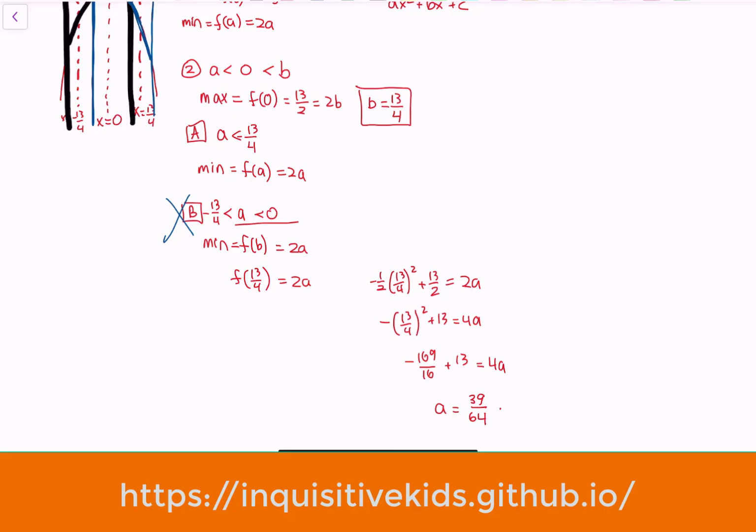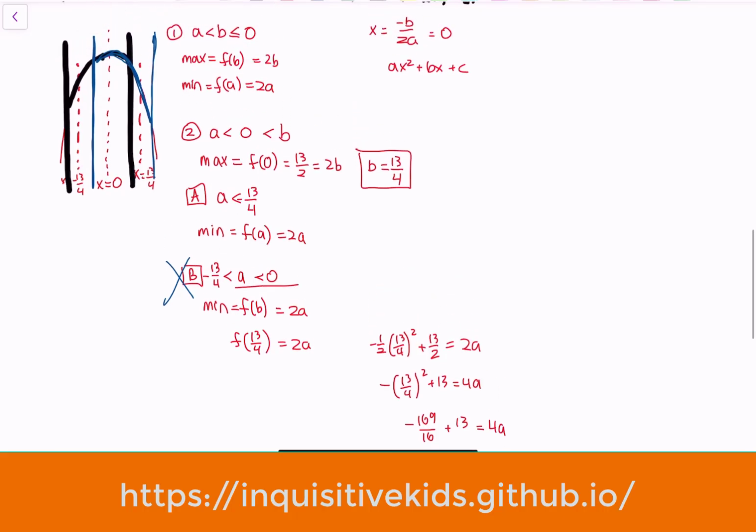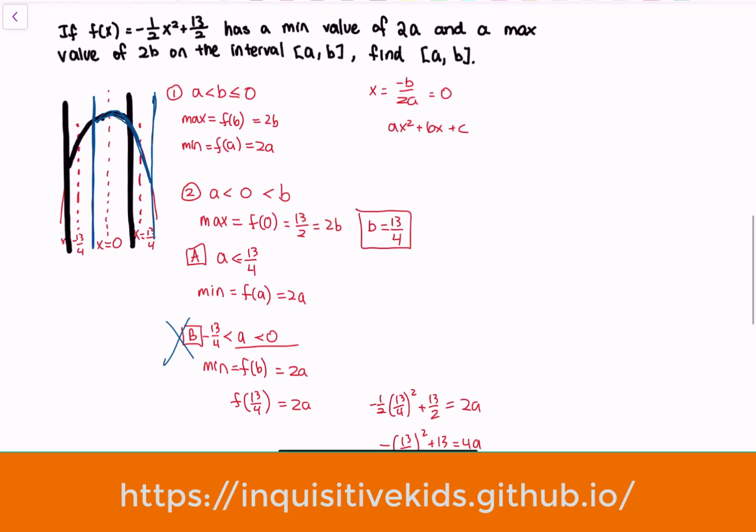Now, going back to case A, let's further solve for a. When we substitute a into our function, we get negative a squared over 2 plus 13 over 2 is equal to 2a. So we have negative a squared plus 13 is equal to 4a.